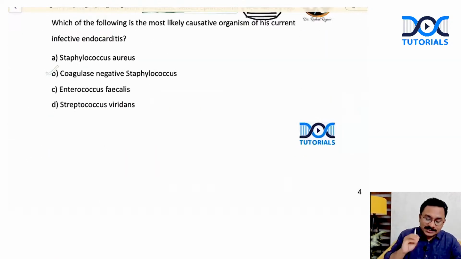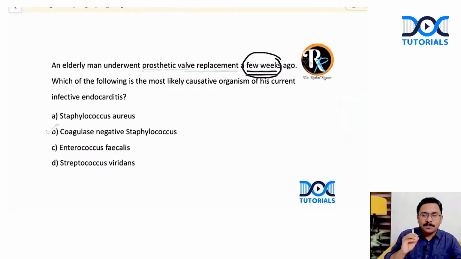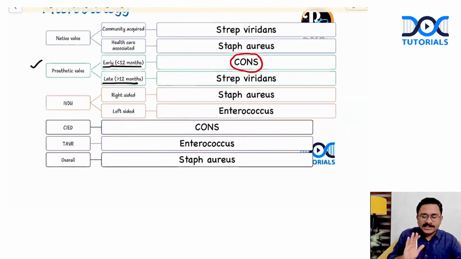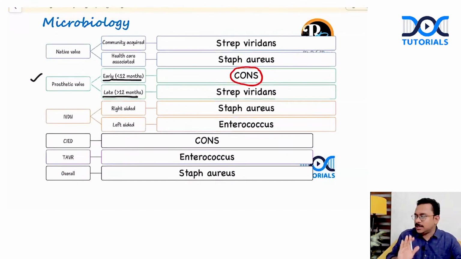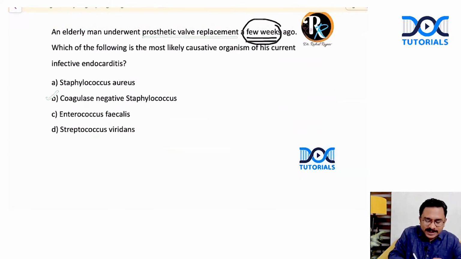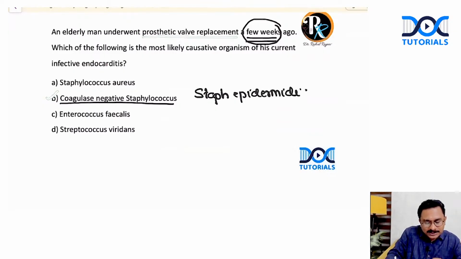But here the question specifically is underwent prosthetic valve replacement just a few weeks ago, right? Very, very important. And I want all my children to be very thorough with this particular chart that I have shown you. And can somebody tell me what is the example of a coagulase negative Staph? It is Staph epidermidis, right?